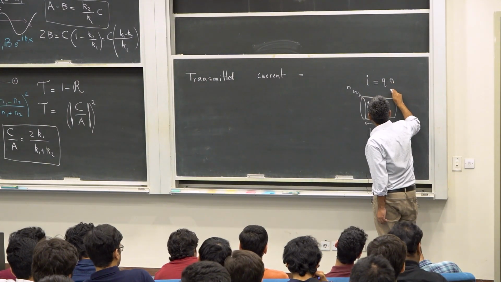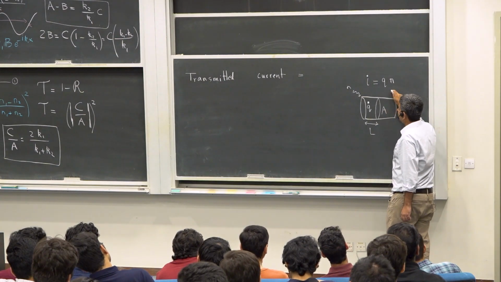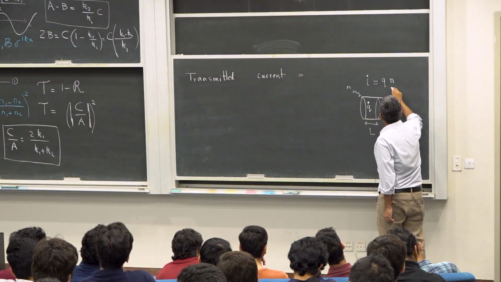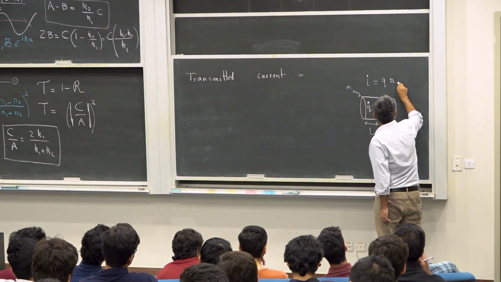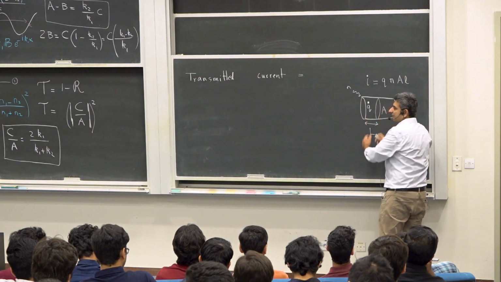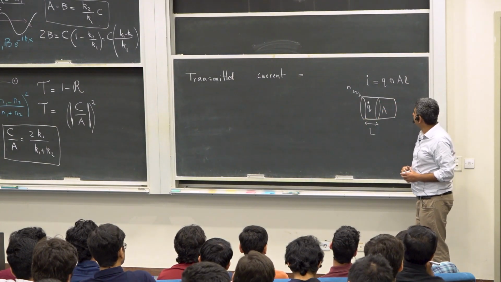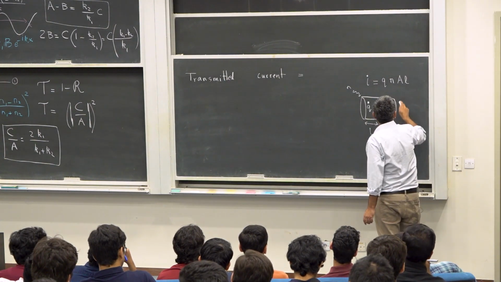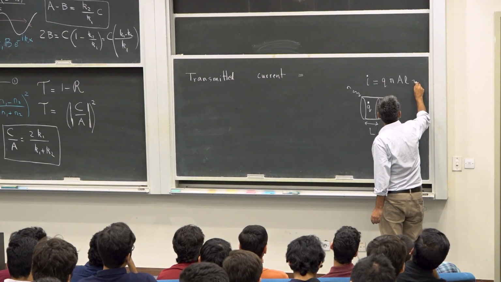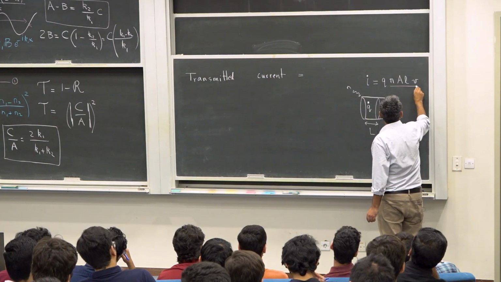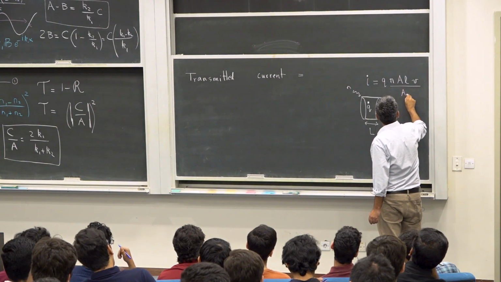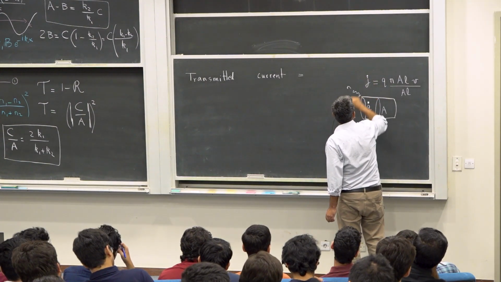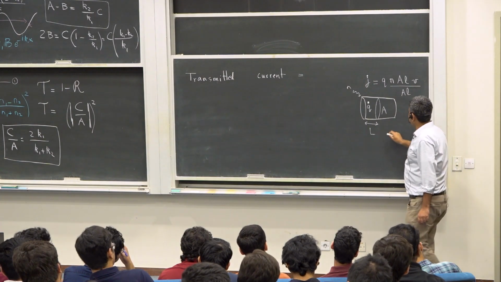This is the charge per unit volume. I multiply this with AL. This is the total charge in this section. Now I need to find out the time. So if I multiply this with v and divide by AL, this will give me the current density, the charge per unit area, so also the current per unit area.